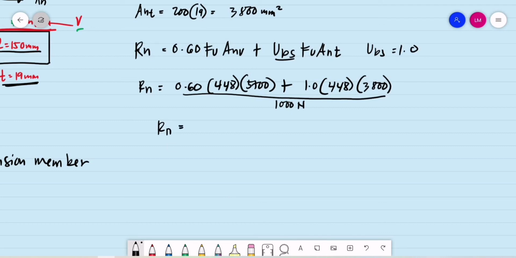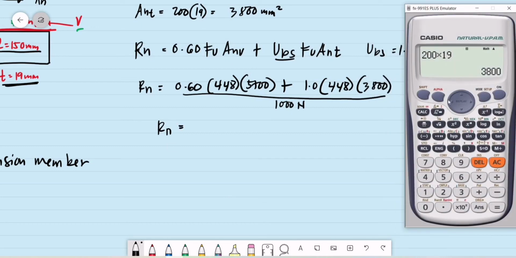We have the nominal rupture strength equal to 0.6 of 448 multiplied by 5,700 plus 1 times 448 multiplied by 3,800, and this is to be divided by 1,000 to be in kilonewtons.